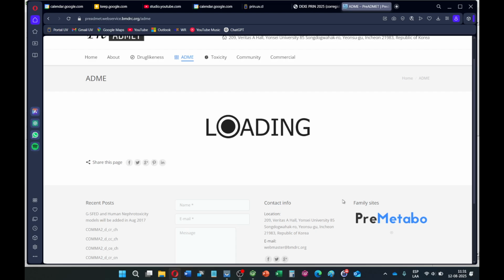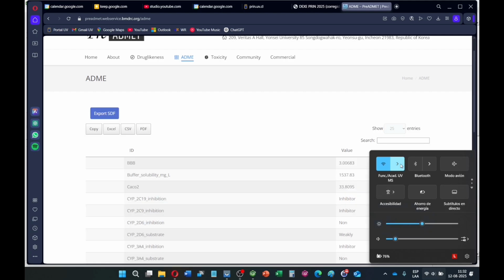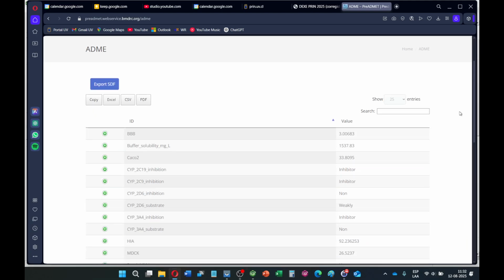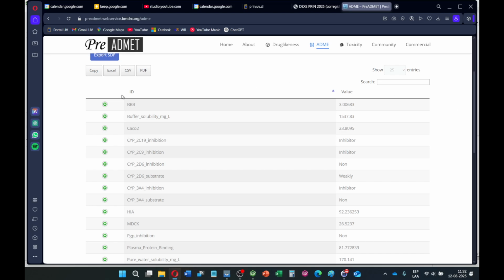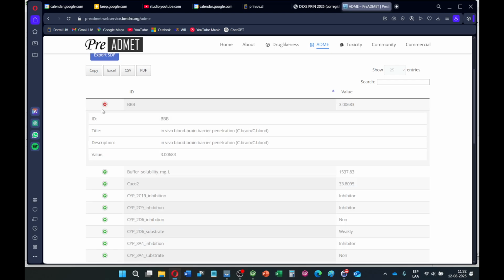It does not take so long, obviously a little slower than using the ChemDraw installed on the computer. But a couple of seconds; here it is slow. In other places it returns much faster, depending on the connection. Look how interesting. The blood-brain barrier. Exactly. It is the blood-brain barrier transfer.